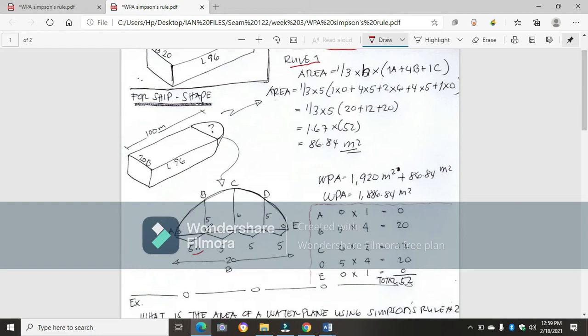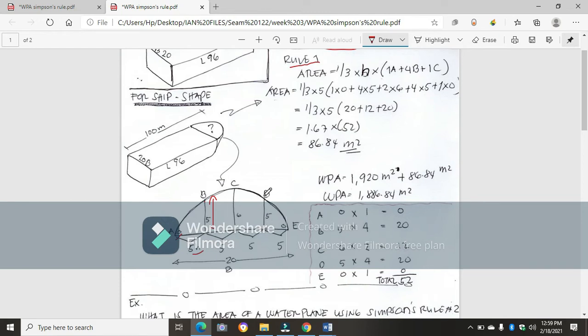So E is obviously 0. The distance here is 5, and then C is 6, and then D is 5 meters.